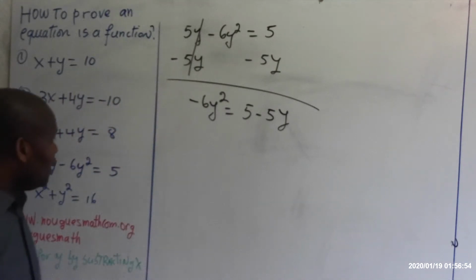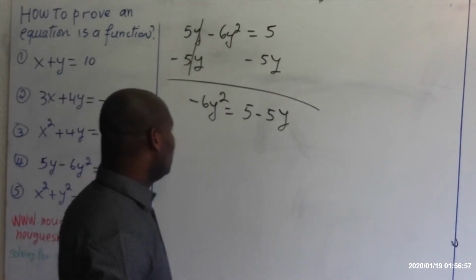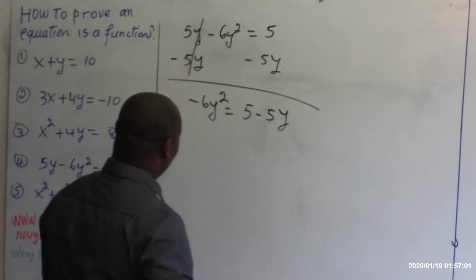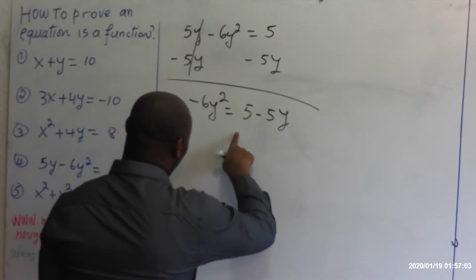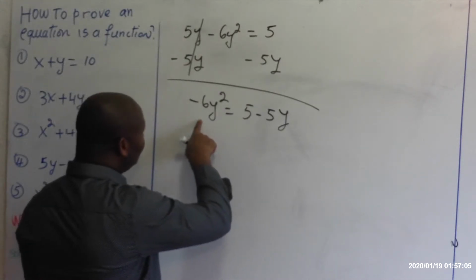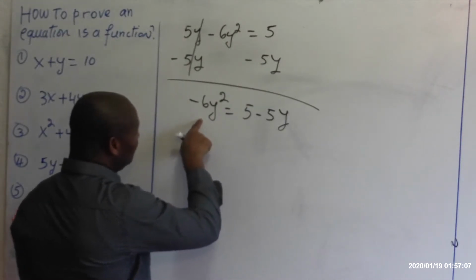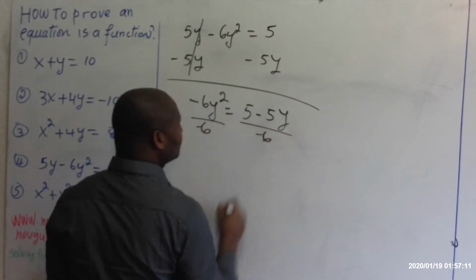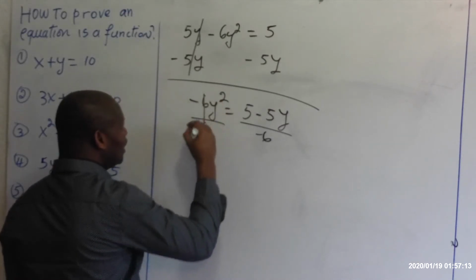We do not finish yet. We need to solve for y. In order to solve for y, we need to divide both sides by negative 6. So let's cancel.